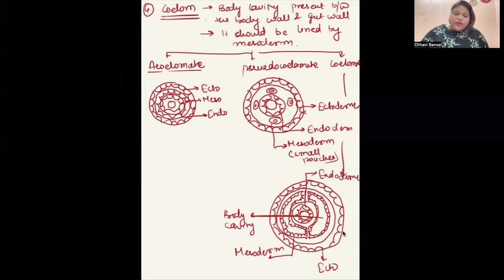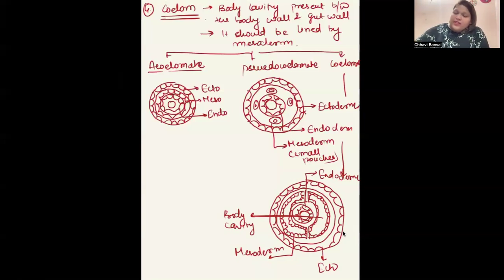These are coelomate organisms. They have the true coelom. The coelom is present between the body wall and the gut wall, and it is also lined by mesoderm around all the parts of it. So this is a coelomate organism.